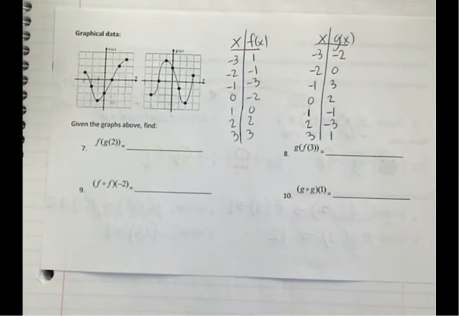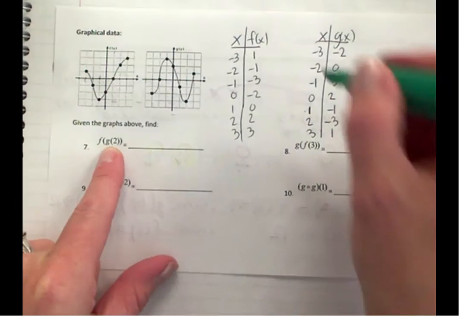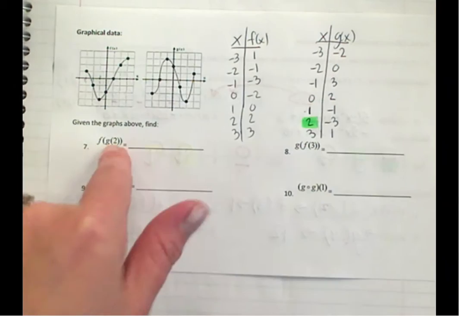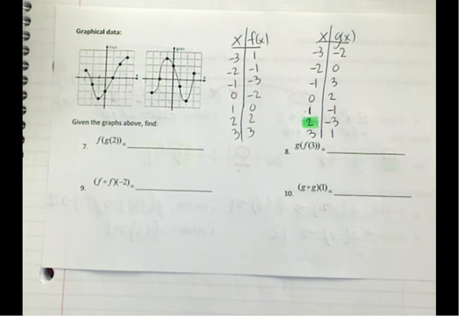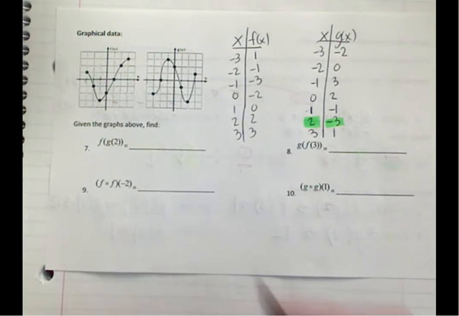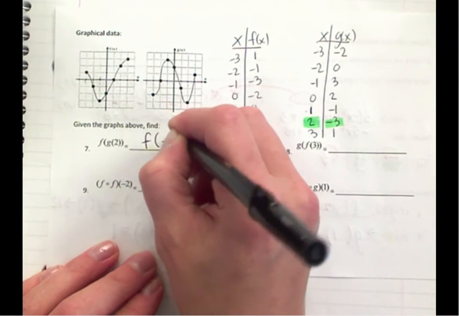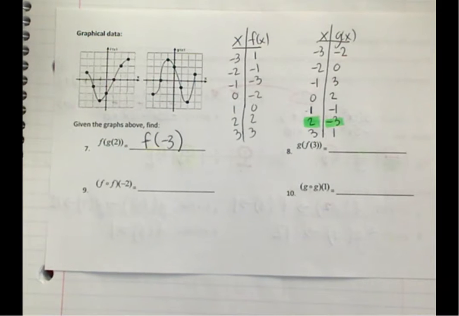Okay. My input is 2 on the G table. Right? There's my starting point, right there. Where does G of 2 take you? To -3. Okay. When you evaluate, you work your way inside out.